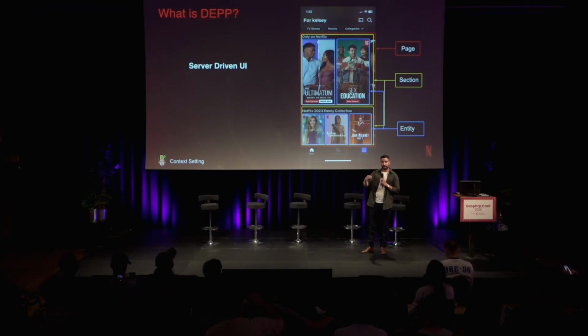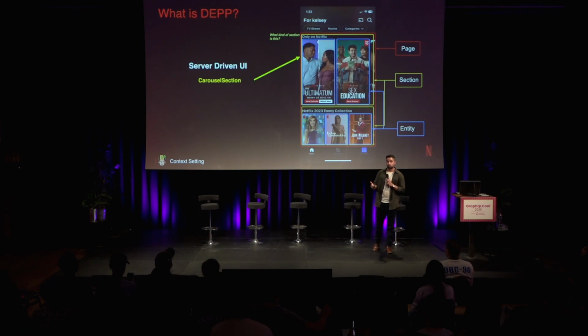And the page is comprised of sections. And the sections are comprised of entities. Now, instead of granularly deciding on the server in terms of server-side rendering, we decide to provide signals to the clients. So if a client says, hey, what kind of section is this on the page? We might say from a server-side perspective, this is a carousel section. So render it as such.